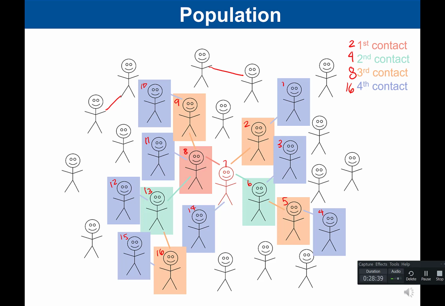So you can see that if one person in the population starts with a sexually transmitted disease and everybody in that population has 4 contacts, we would expect that 16 people in that population would end up with the disease. So just think of that for a minute. If you have 4 sexual partners, it's possible that 16 people end up with a sexually transmitted disease. It's just something to think about.